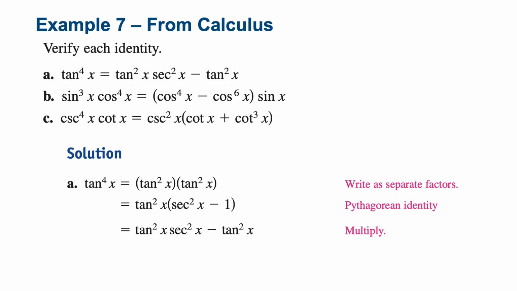And tangent squared of x is equal to secant squared of x minus 1. That's one of the Pythagorean identities. And then we're going to replace that. Then by the distributive property, we get tangent squared x secant squared x minus tangent squared x. So that's it. We've verified it. We could have also gone the other direction, but we're good.